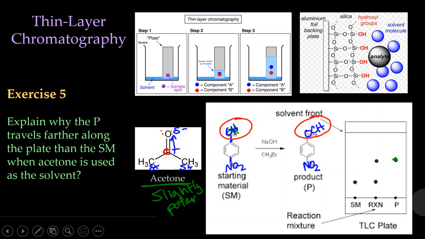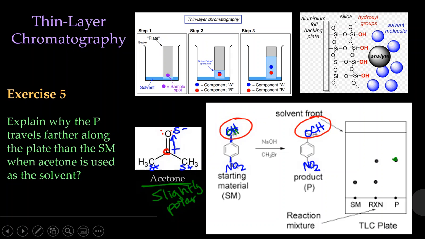So, because the O is attached to the benzene ring and then the C is attached to the O. So basically, the way that that combined, now you don't have hydrogen bonding anymore because the O is attached to the benzene ring and the O is attached to the C then. So that separates the idea of being able to do hydrogen bonding. So definitely less polar in the product.